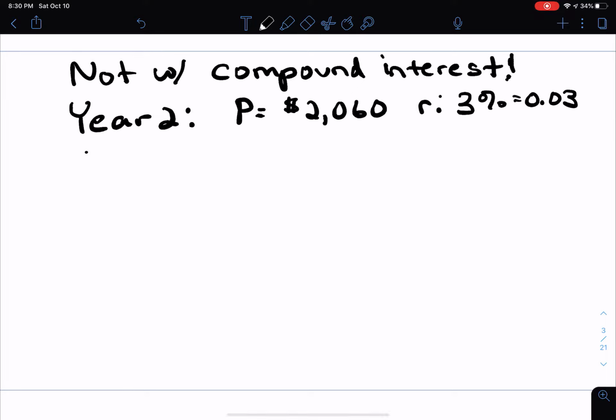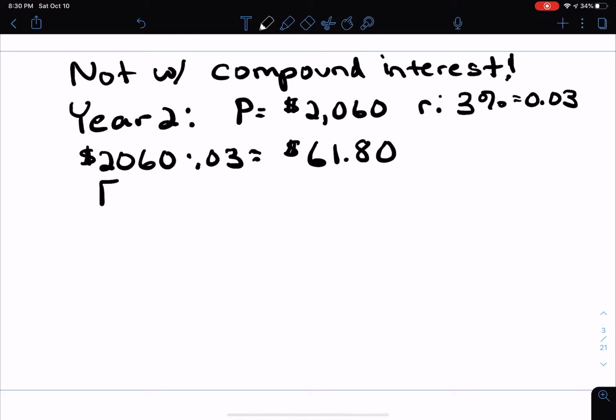So we could do the 2,060 times 0.03 to see how much interest we're going to earn that year. I'm putting in my calculator right now, and I'm getting $61.80. So the future value at the end of year 2 would be the 2,060 plus the $61.80, which is $2,121.80.